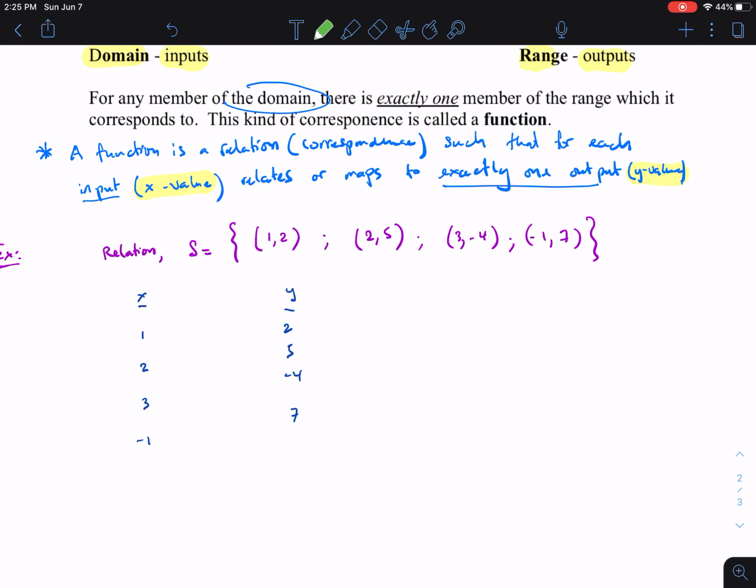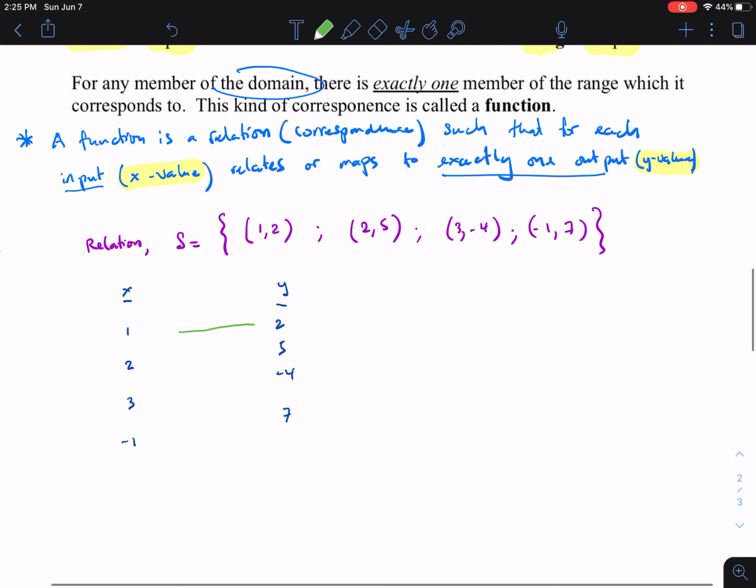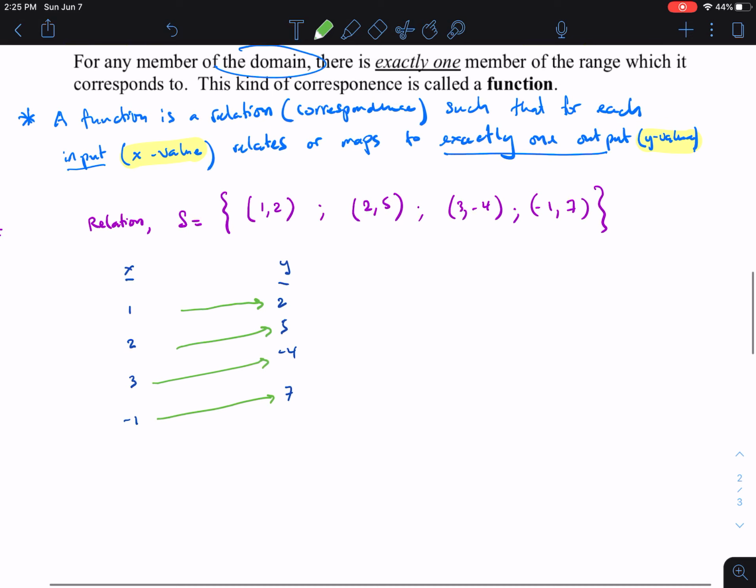The first ordered pair takes 1 and maps it to 2. The second ordered pair takes 2 and maps it to 5. Then 3 goes to -4, and -1 goes to 7. Notice that each input has exactly one output.